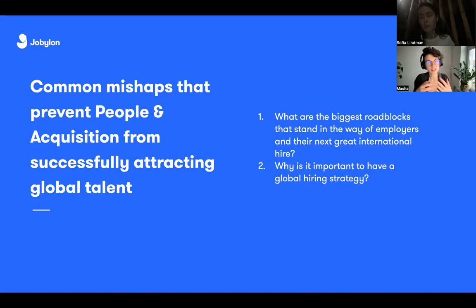For example, data shows that women apply to jobs when they can see that they are 100% matching, and men would apply when they match about 80% of the responsibilities.